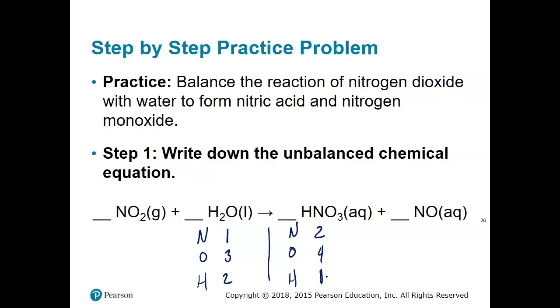So when we talk about atom economy or organization, this is what we're talking about. I've taken this chemical equation, I've broken it down into each individual element, and now I'm comparing each element against each other. And my first evaluation here is that nothing is balanced. I don't have equal numbers of nitrogen on either side, oxygen on either side, or hydrogen on either side.